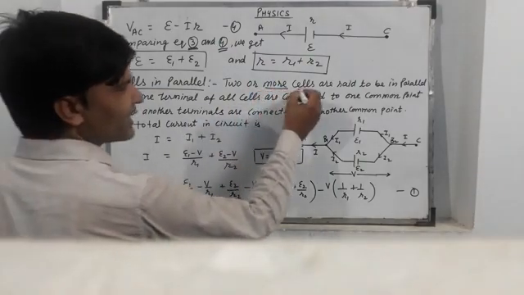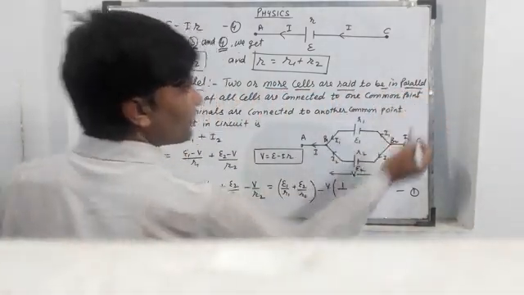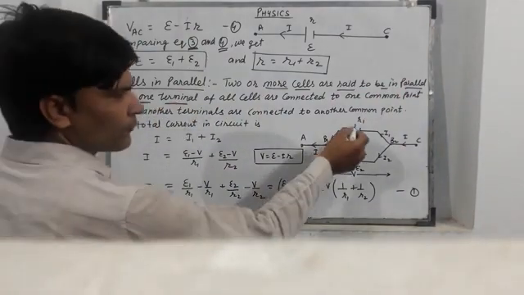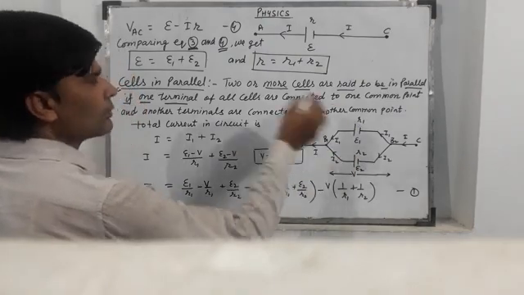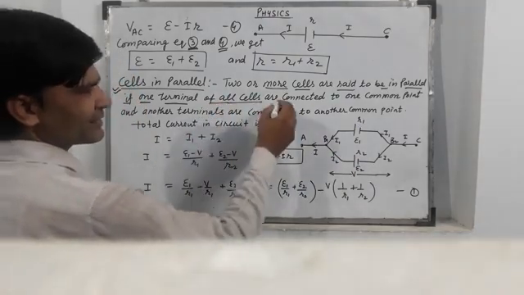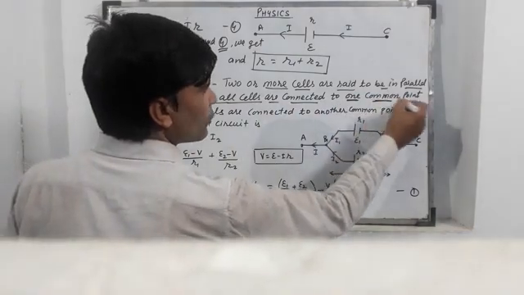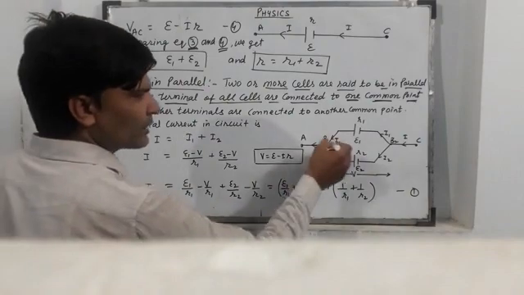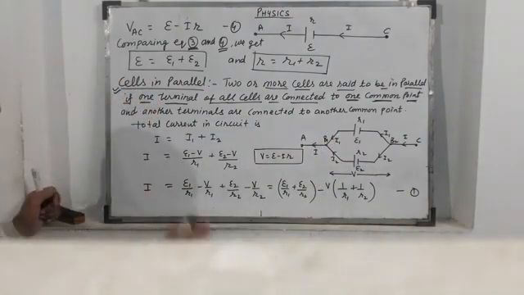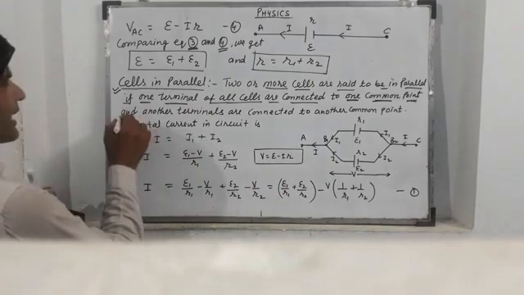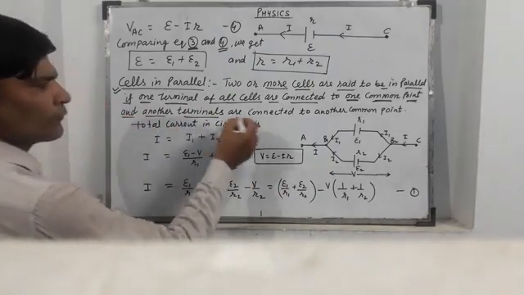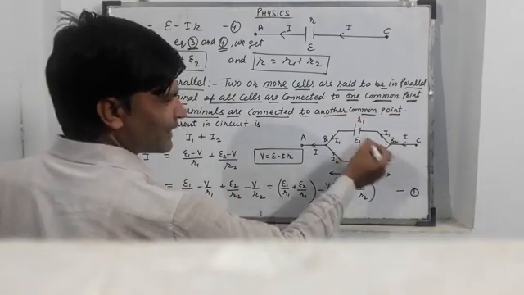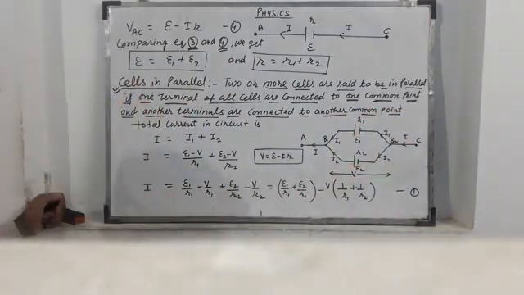Two or more cells are said to be in parallel if one terminal of all cells is connected to one common point, for example B1, and the other terminal of all cells is connected to another common point, for example B2.